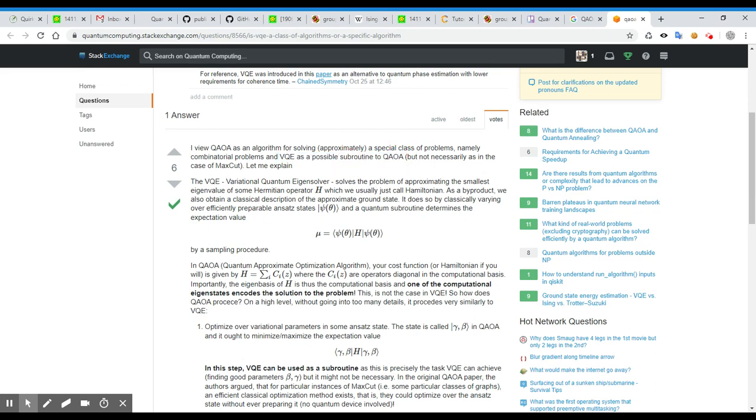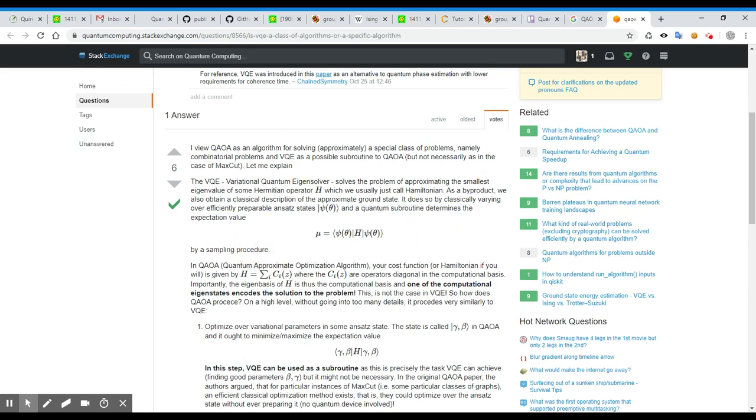Okay, VQE solves the problem of approximating the smallest eigenvalue of some Hermitian operator H, which we usually call the Hamiltonian. As a byproduct, we also obtain a classical description of the approximate ground state. It does so by classically varying over efficiently preparable ansatz states, and a quantum subroutine determines the expectation value by a sampling procedure.